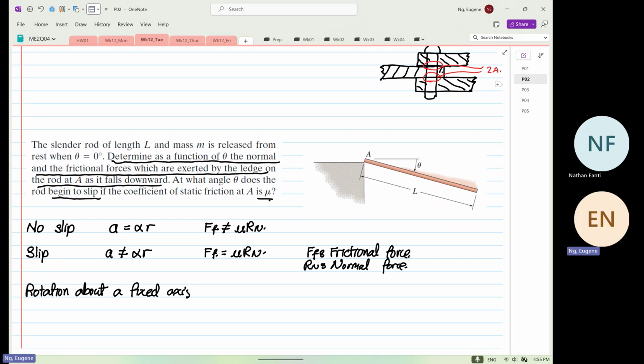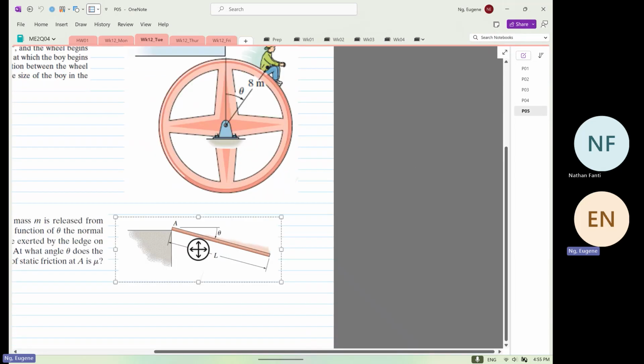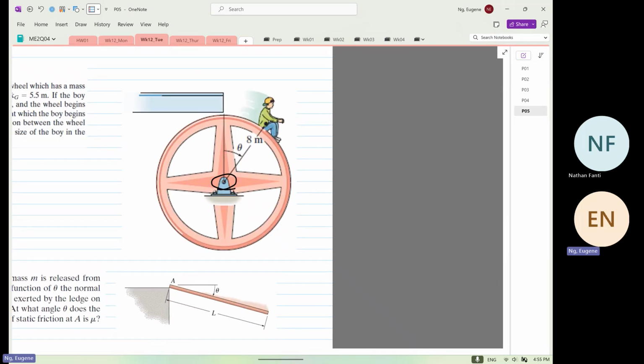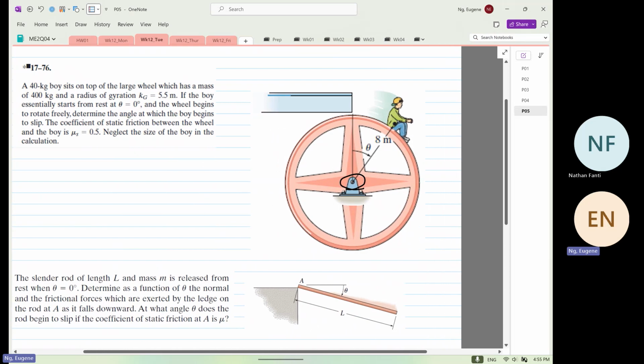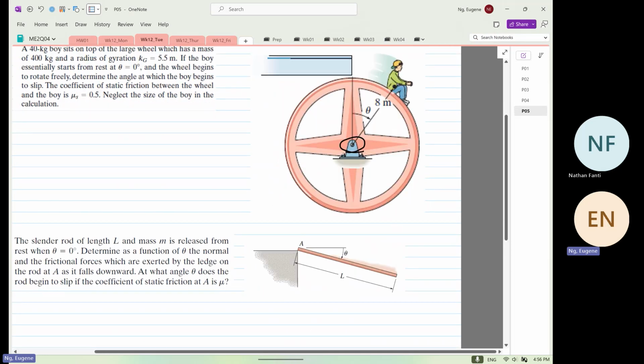The problem that we're going to do later on is also rotation about a fixed axis.